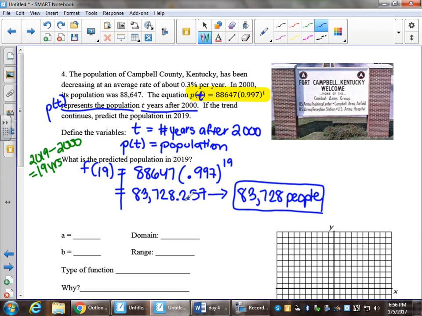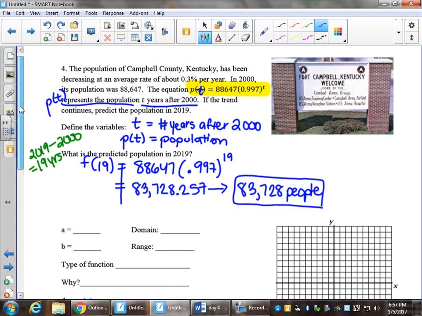Even if this was 0.9, I would not round up because you don't actually have that 9th person there. You don't have 0.9 of a person. Definitely a decrease. Notice in 2000, the population was 88,600 approximately, and now in about 20 years, it's dropped down to 83,728. Clearly evidence of the decrease that was mentioned.